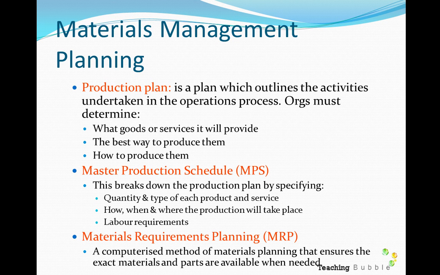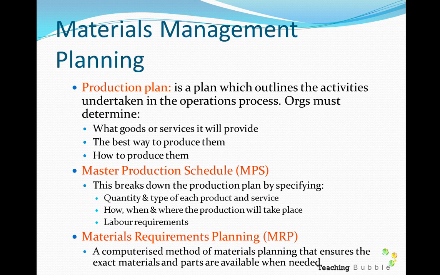So we have a production plan, which outlines the activities undertaken in the operations process. It's just an overall plan of what the organisation is looking to produce, whether that be a good or a service, and how they're going to go about producing that, and what the best way is.